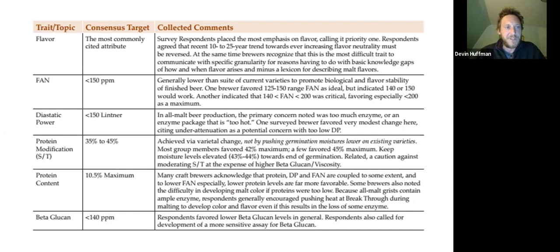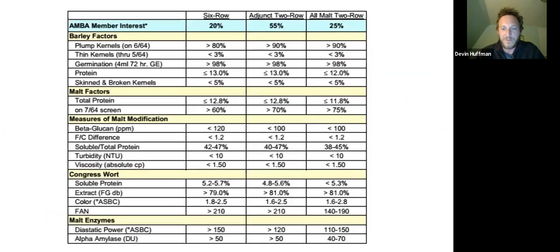And then the FAN being sub 150. That's a really critical point with the FAN in sub 150, because you'll see a lot of these North American varieties, adjunct rows, are up over 200. There's a big difference there. So it's just a bit of an overview.